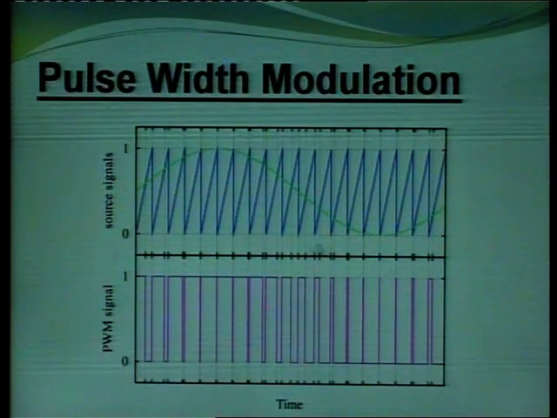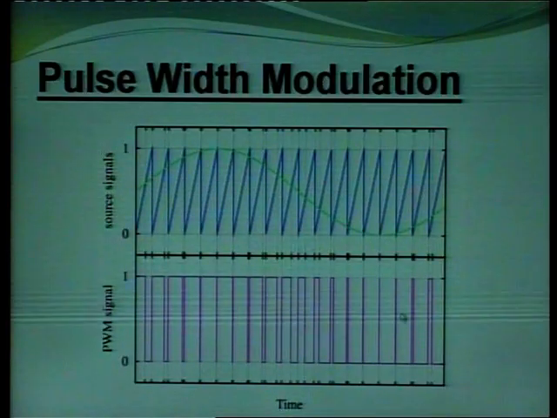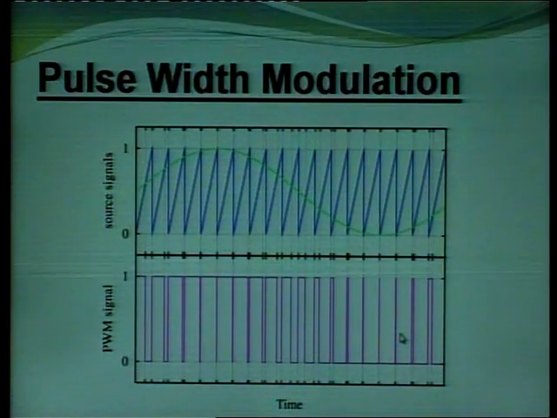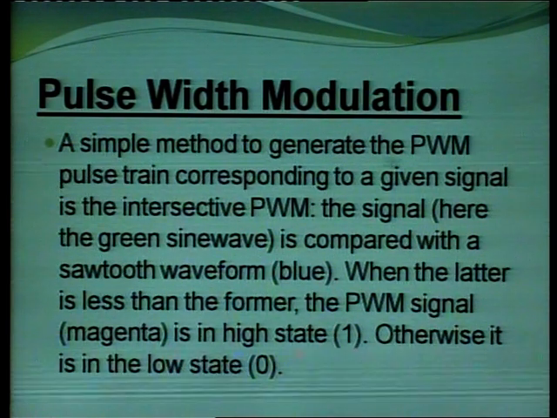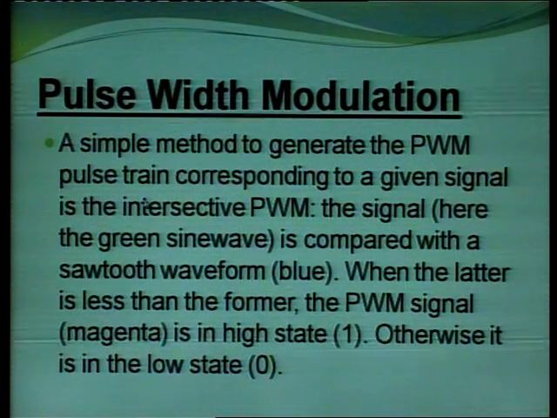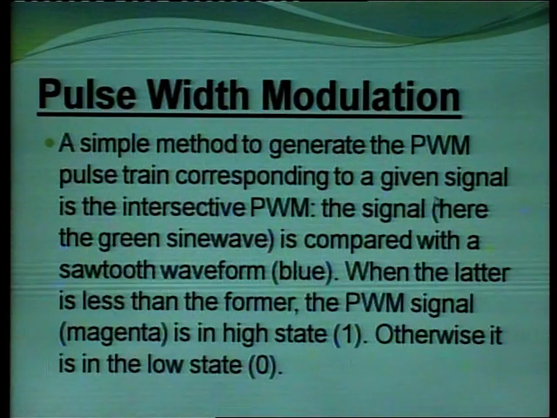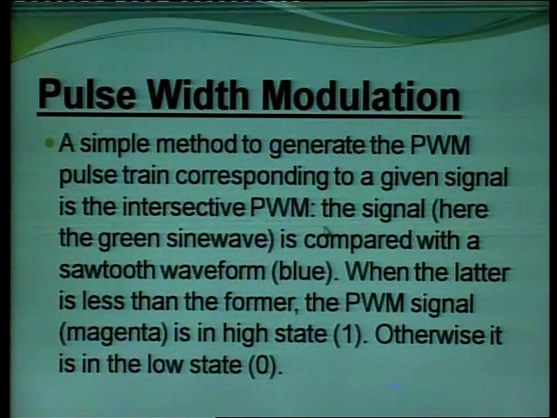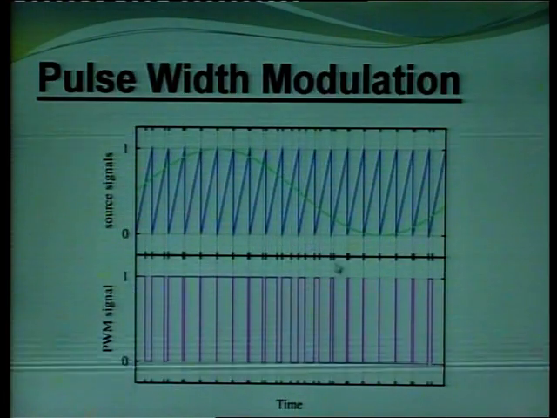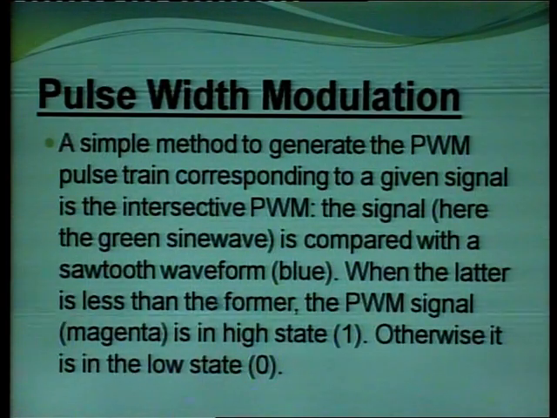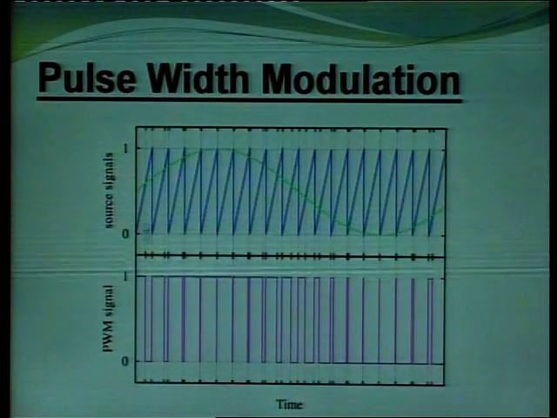When these two signals are compared, we get the PWM signal. A simple method to generate the PWM pulse train corresponding to a given signal is that the signal, here in green color, is compared with a sawtooth waveform, which is in blue color.